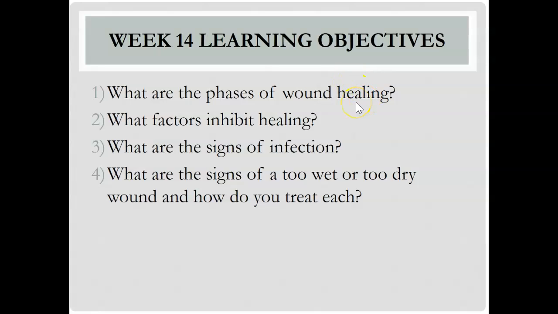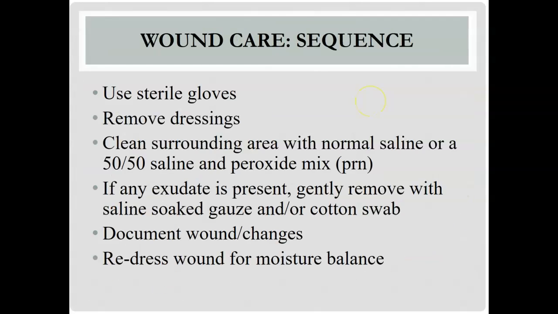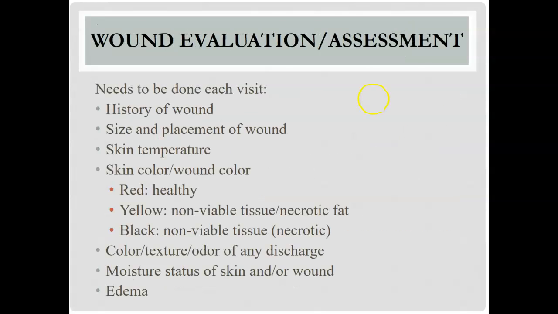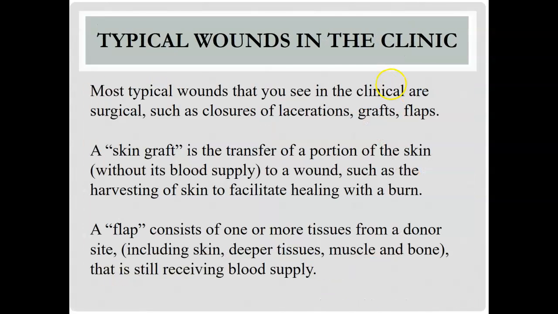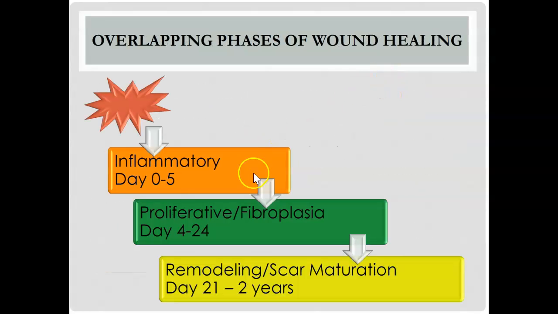Okay, what are the phases of wound healing? Let's go back for that one. I make it easy. It's that big graphic: inflammation 0 to 5 days, proliferative 4 to 24 days, and then remodeling, scar maturation, 21 days.